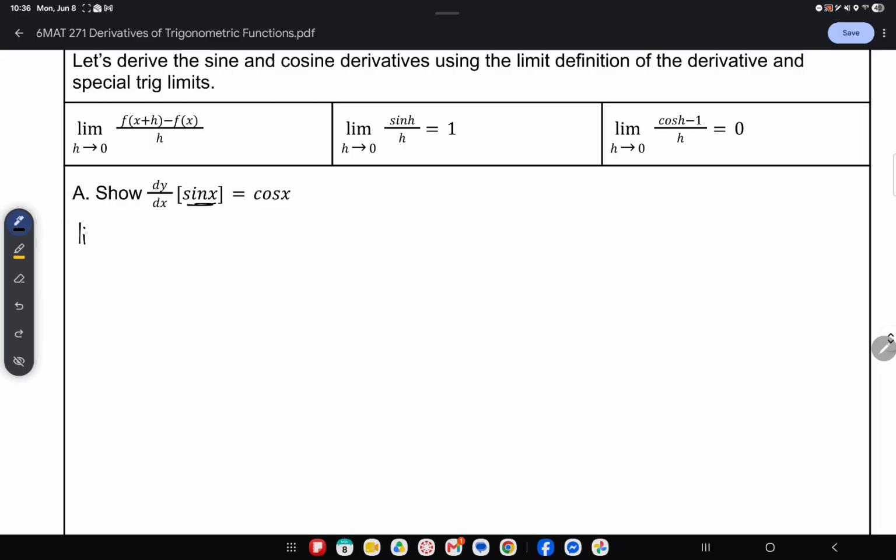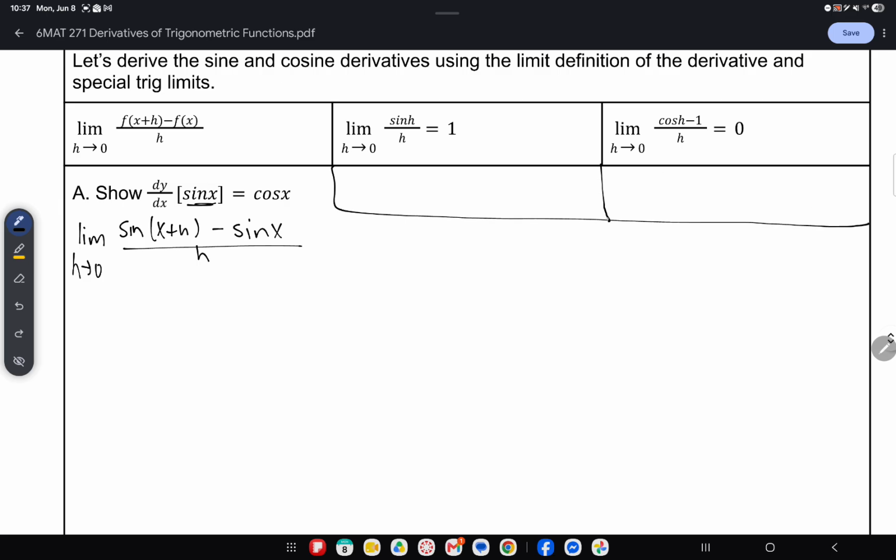So, all right, we have the limit as h goes to 0 of sine of x plus h minus sine of x all over h. Now, I might need some other trig identity knowledge, so I'm going to put an additional thing here to give those. So we probably need to know what sine of x plus h is.